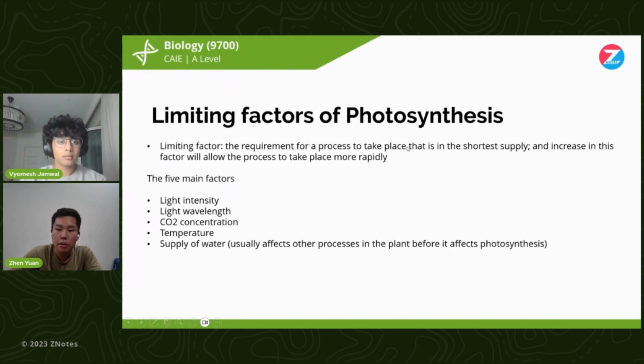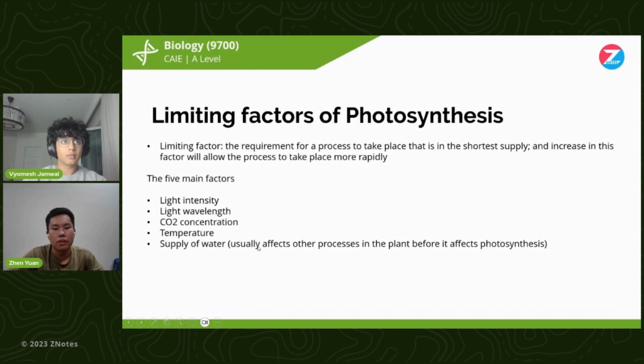The requirement for a process to take place that is in the shortest supply. An increase in this factor will allow the process to take place more rapidly. So the five main factors: your light intensity, your light wavelength, your carbon dioxide concentration, temperature, and your supply of water.